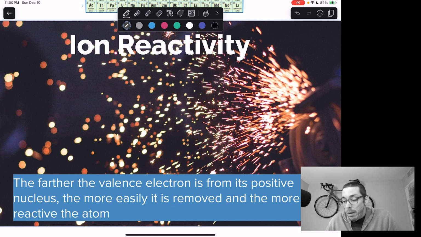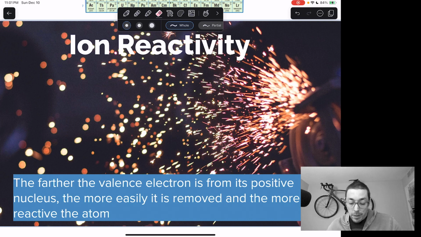So if there's a tight hold on the valence electrons, it's not likely that they're going to be able to leave, right? But if there's a weak hold on the valence electrons, there's a much higher likelihood that it'll be able to be pulled off, and that would make that atom more reactive.